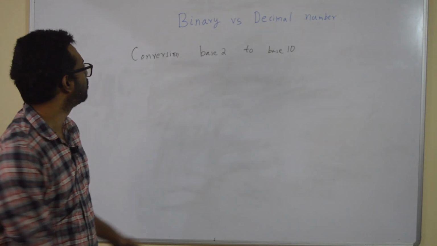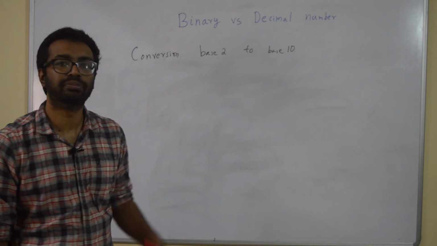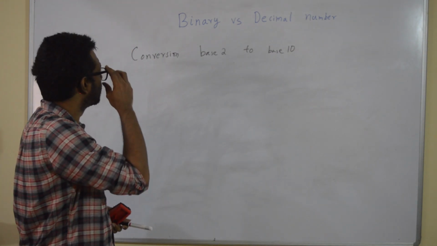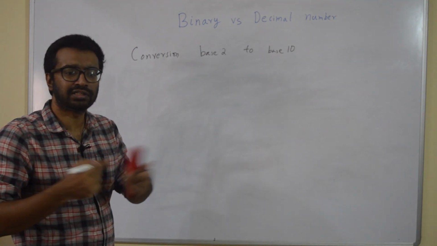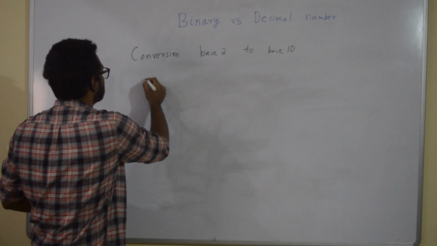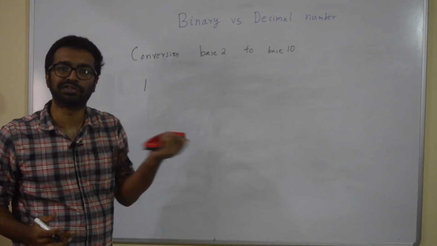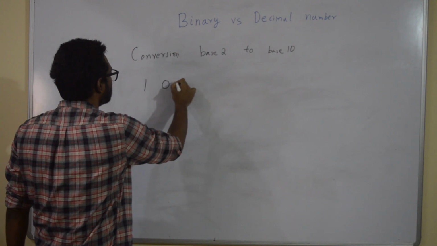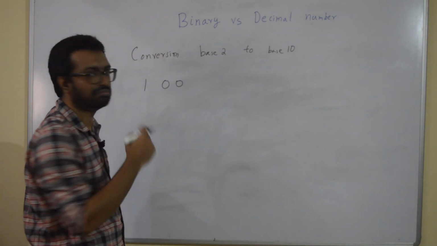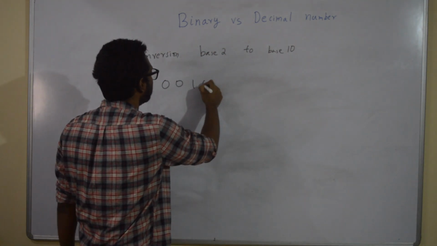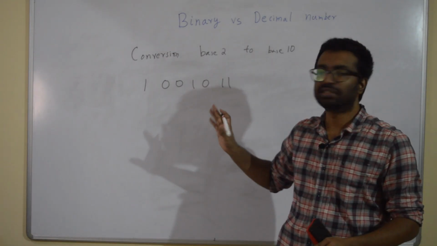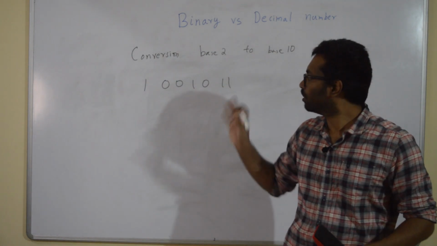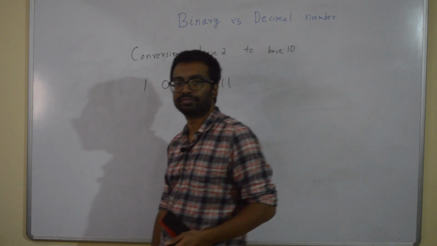Conversion from base 2 to base 10, so from binary number to decimal number. Let's consider a binary number. What was the binary number for 75 we had? Let's just have that. I'm just writing from my memory. Consider this binary number, and we want to find out its decimal number.